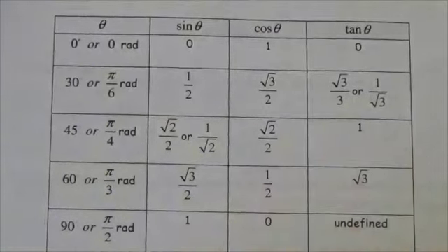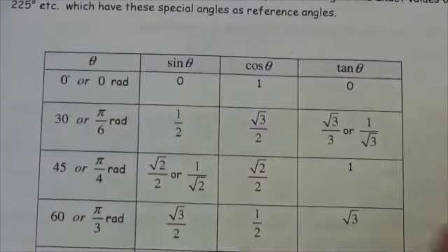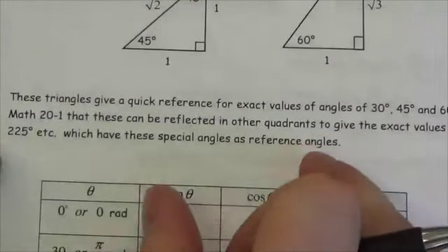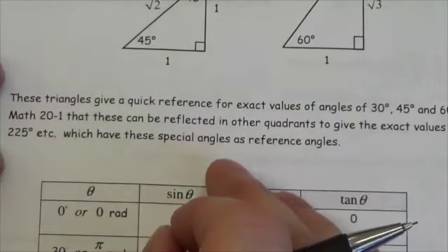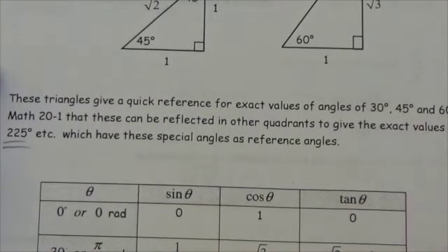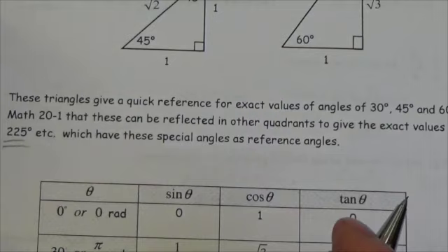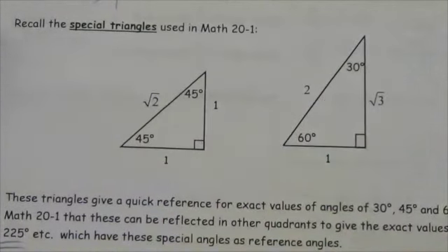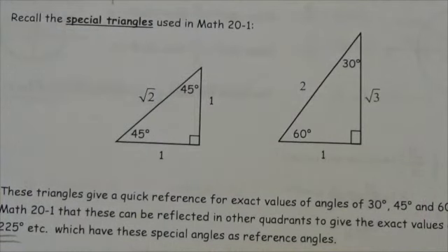Once you had either the ratios memorized in the chart or the triangles up here, you were able to find the sine, cos, and tan of these angles, even larger angles like 150 or 225, as long as the reference angle was one of these 3 angles. And that's essentially what we're going to continue to do here.